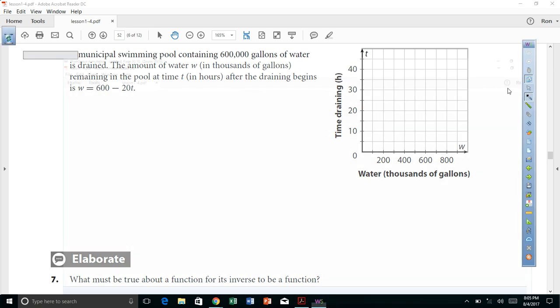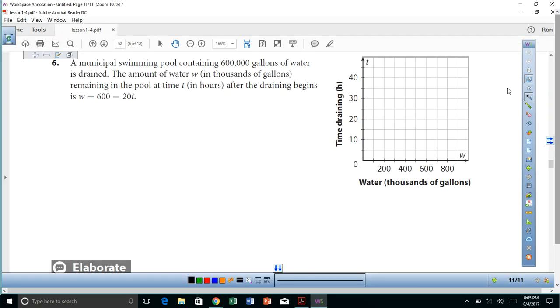All right. So let's see here. Determine the domain of the inverse function. Well, let's see. The range of this is going to be the range W such that 0 is less than or equal to W, which is less than or equal to 600,000 gallons.